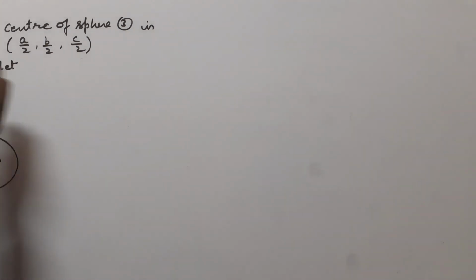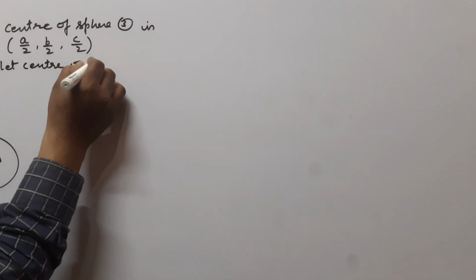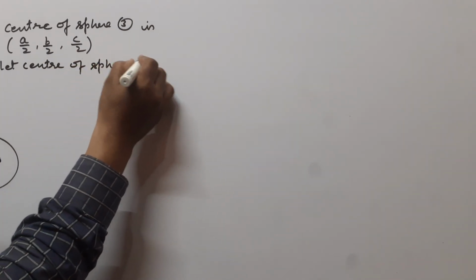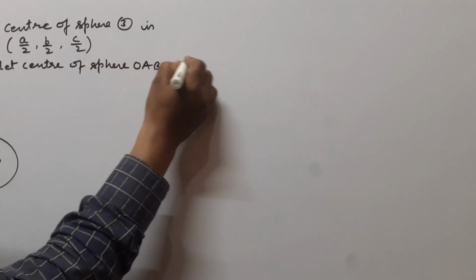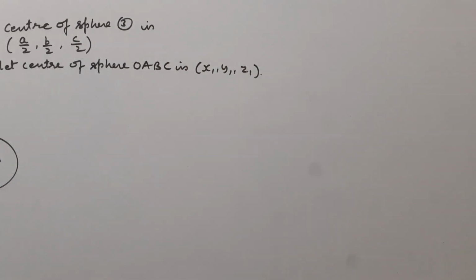So let us suppose that the center of the sphere OABC is (x1, y1, z1). Here we suppose that the center of the sphere which is passing through the 4 points O, A, B and C is (x1, y1, z1).